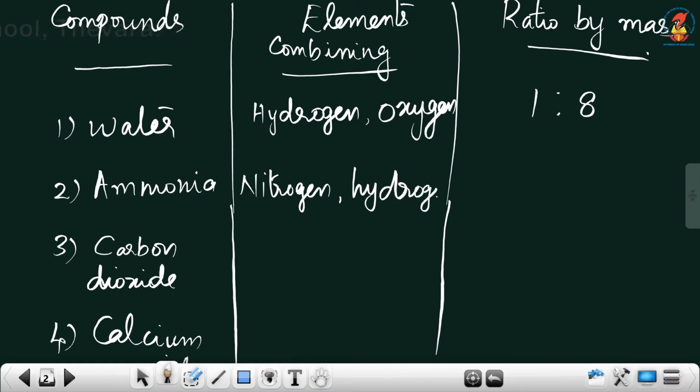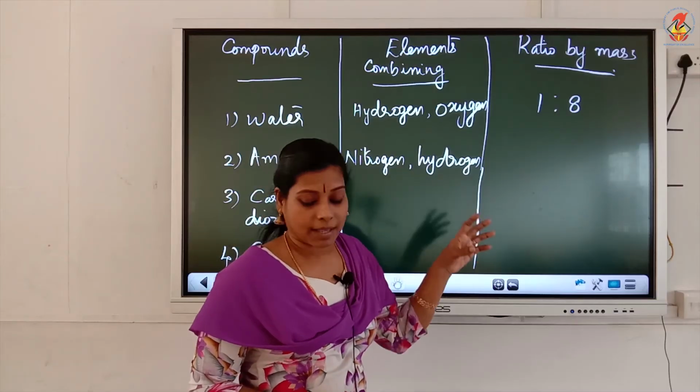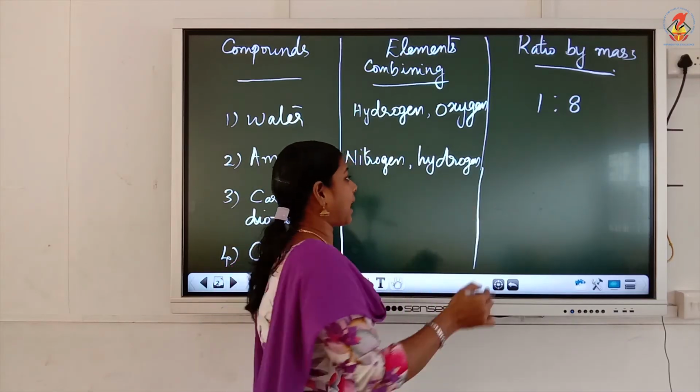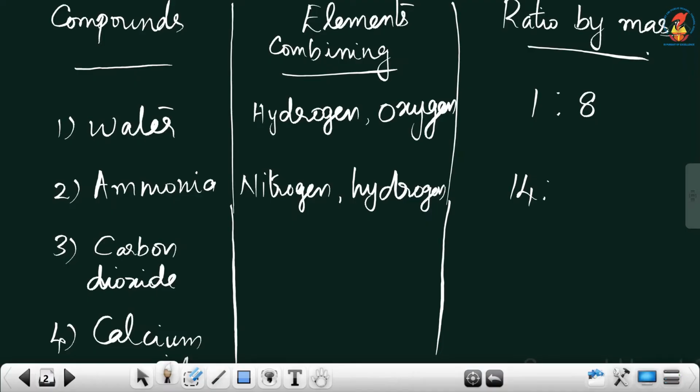Nitrogen and hydrogen are the elements present in ammonia, and in what ratio by mass do they combine? 14 grams of nitrogen combine with 3 grams of hydrogen to produce ammonia. Okay, I will write the formula also here. H2O is the formula for water, and for ammonia it is NH3.